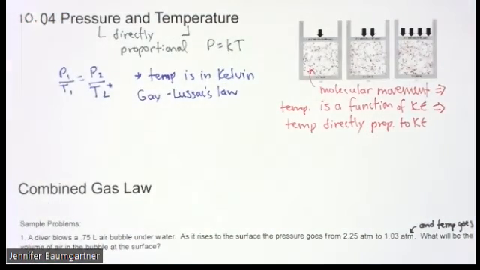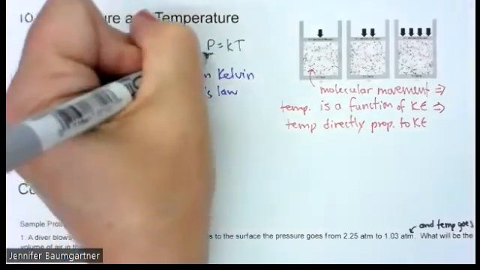Now this is very similar to Charles's law, except there we had V1 over T1 equals V2 over T2. Because this is so similar, I don't have any practice problems on this page because it's just like what we did with Charles's law. But we do want a mnemonic. So how do we remember that Gay-Lussac's law is direct proportionality between pressure and temperature?